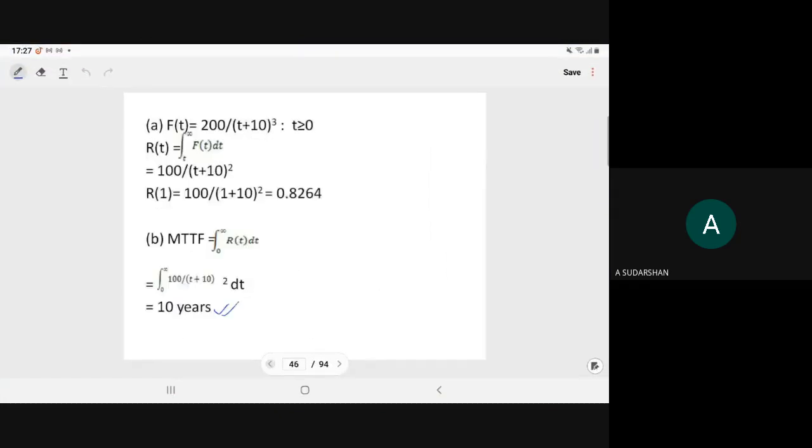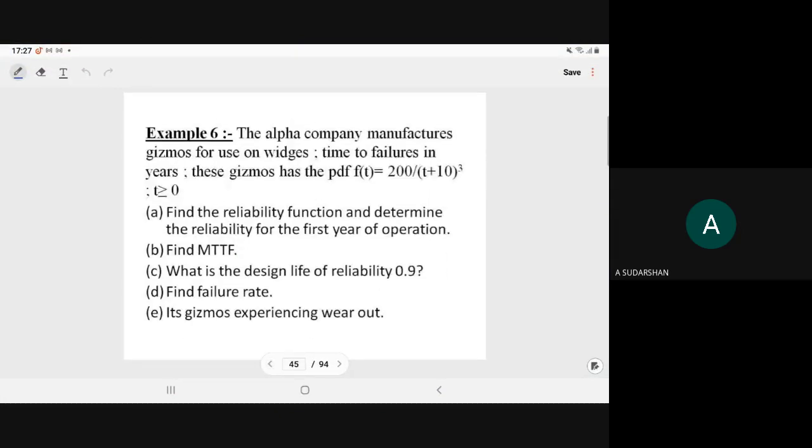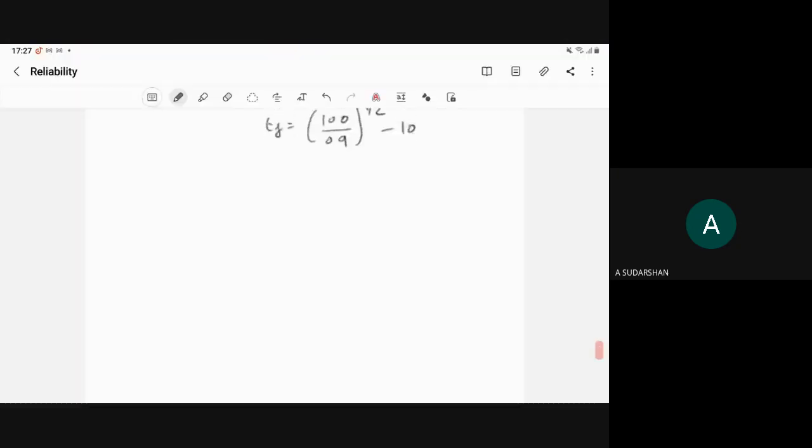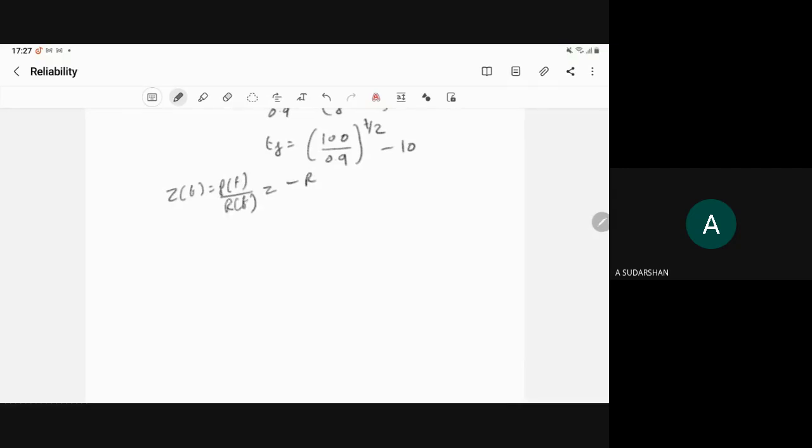Then, it is a very good question. Find the failure rate. Failure rate means Z(t), or hazard rate. We know that Z(t) is f(t) upon R(t), and f(t) is minus R dash(t).